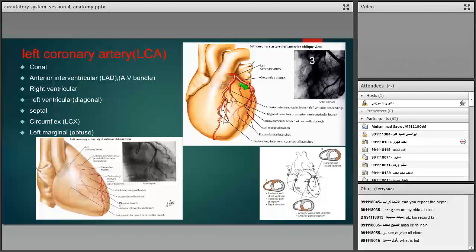Look at here, the left marginal branch, which is placed near the under surface of the left ventricle. It is also called the obtuse branch.